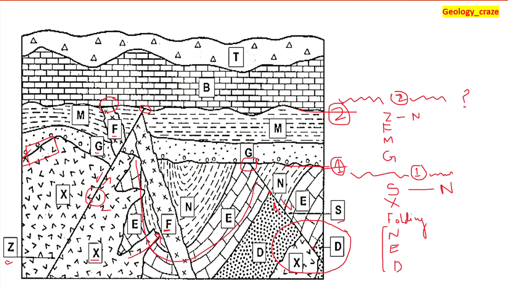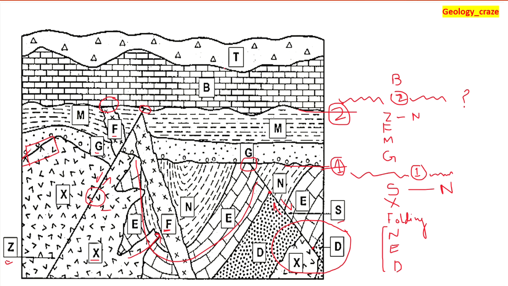Okay. So after the erosion, then bed B took place. Again the basin is submerged and there is deposition of B. If you look at this part, this is not developed.